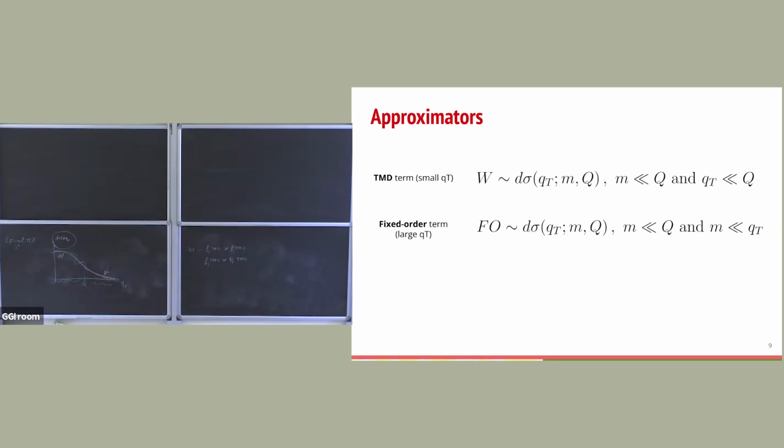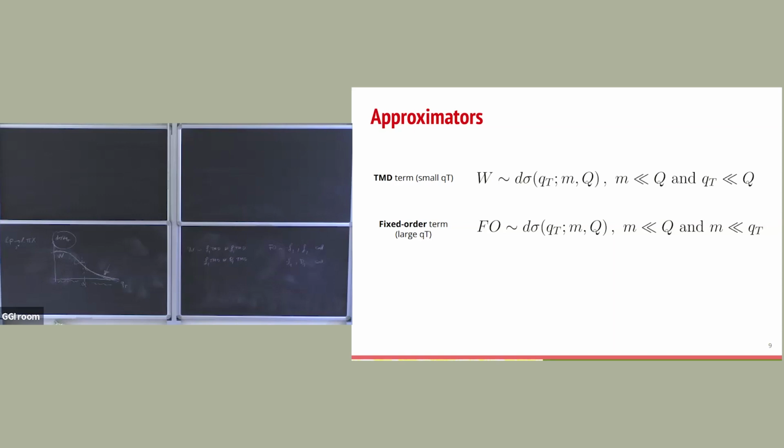The fixed order term, which is calculated in collinear factorization, uses F1 and F1 collinear for Drell-Yan, or F1 and D1 collinear for semi-inclusive DIS, and tells you how to calculate this part of the cross section. Here Q, the large scale, has to be larger than M, as before.